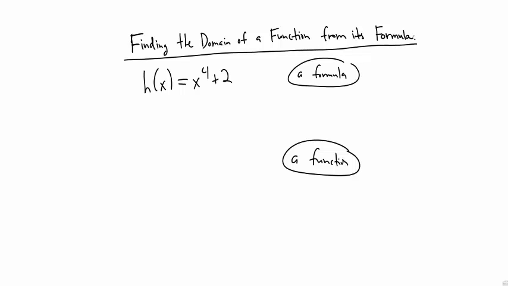We will use the rule encoded in the formula to come up with the rule for our function. The function will take in a number, and it will output that number raised to the fourth power plus 2.